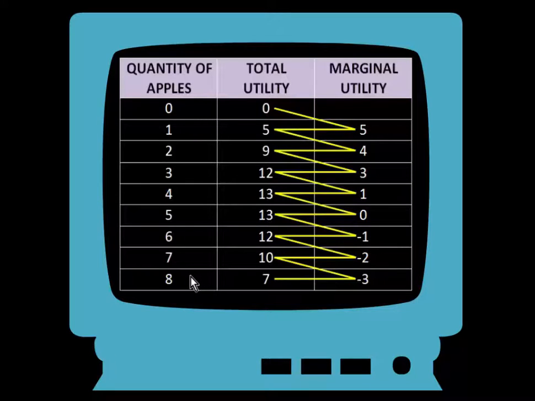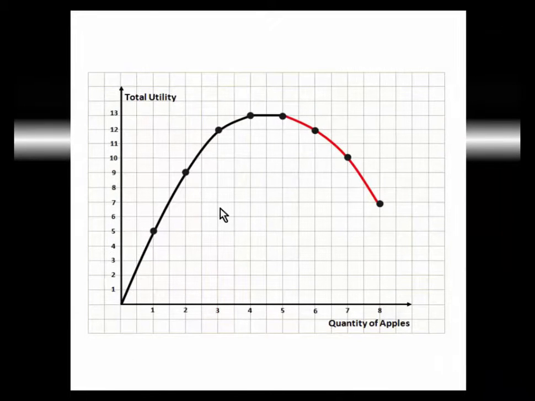By the eighth apple, the total utility is now down to 7. In fact, it's less than had they only consumed 2 apples. And then the marginal utility going from 7 to the eighth apple is the difference between 10 and 7. Marginal utility is -3.